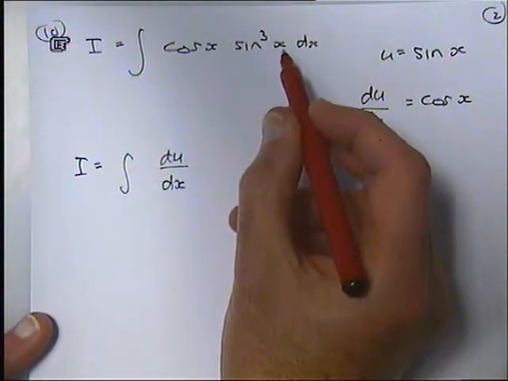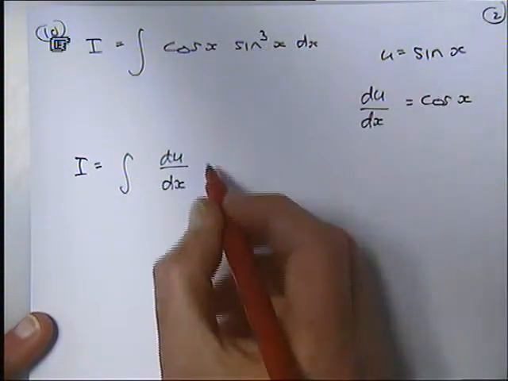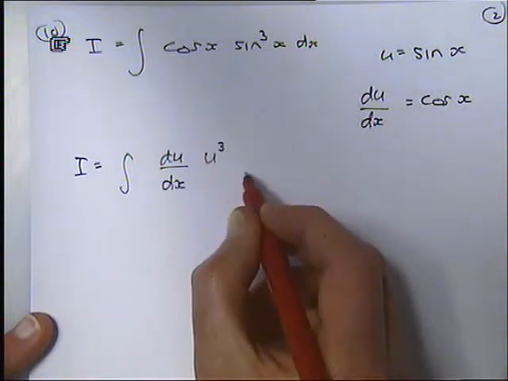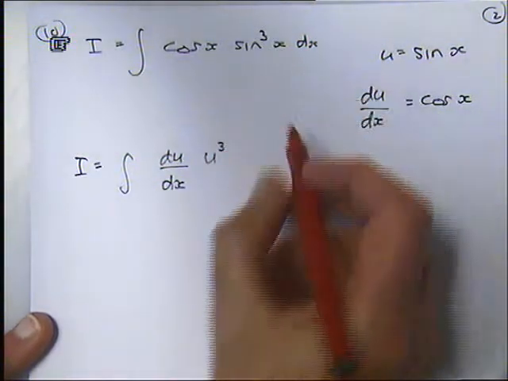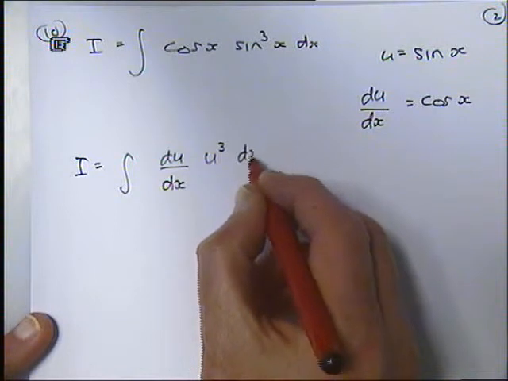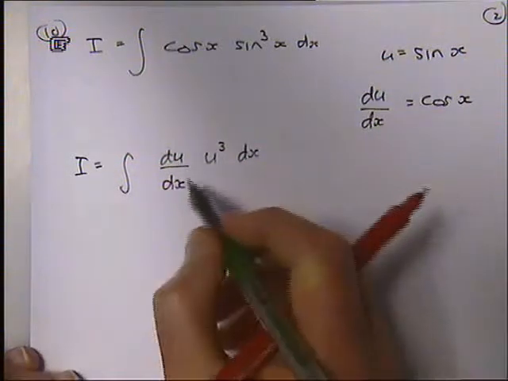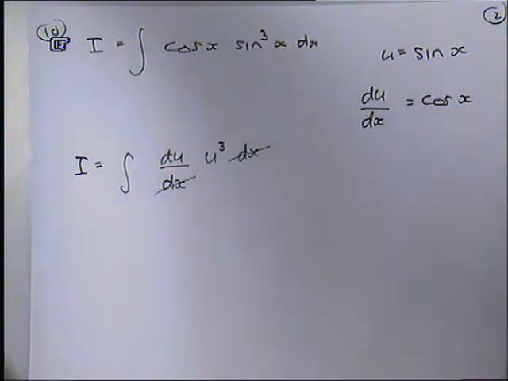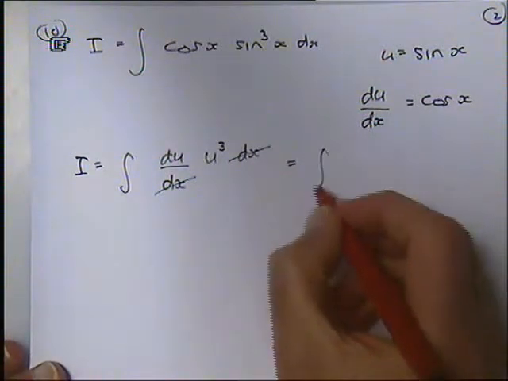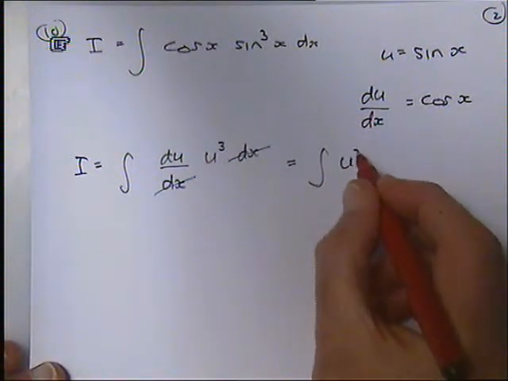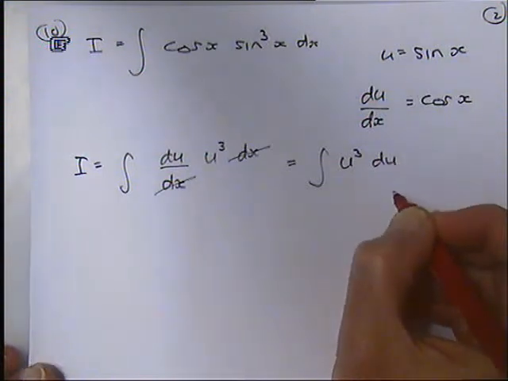Sine x cubed is u cubed, and then I have up here a dx, which I'll just write down, and hopefully something nice happens. Those dx's will cancel with each other, so we are left with a really straightforward integral of u cubed du.